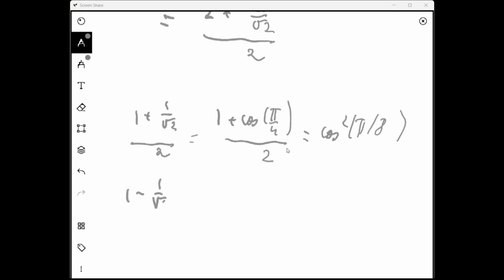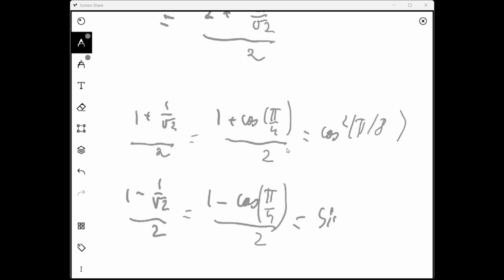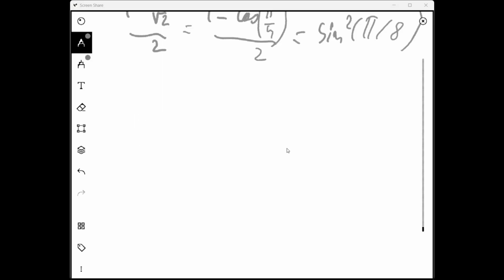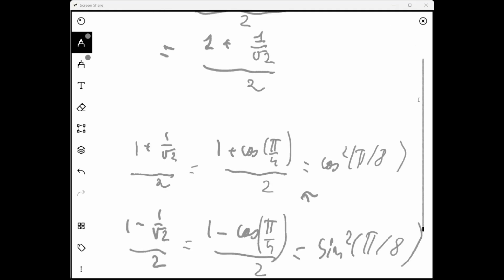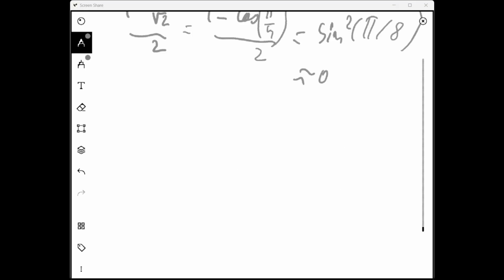And the same here, 1 minus cos pi over 4 divided by 2 is sin squared of pi over 8. So this is roughly 0.85, and this one is roughly 0.15.